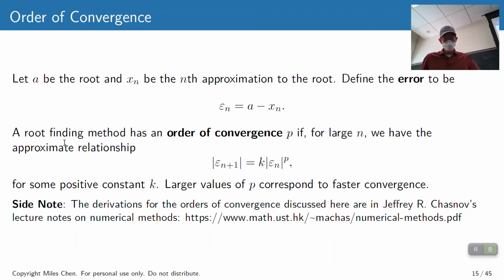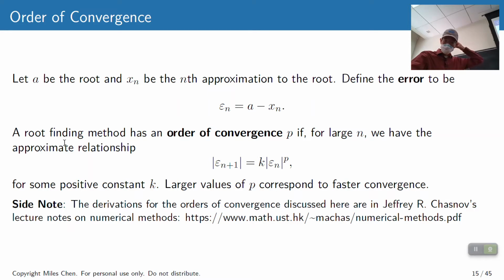Okay, if we want to talk about order of convergence, we've got some root and some approximation x_n, the nth approximation, which is your approximation after n iterations.